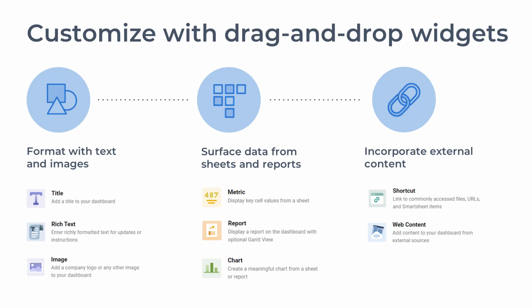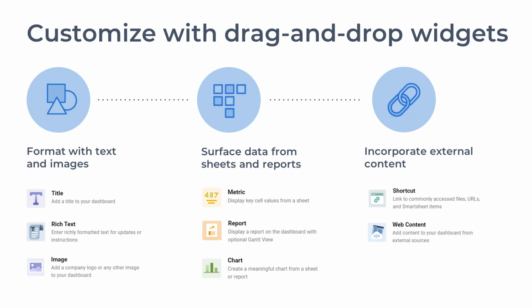You're then going to surface data from your sheets and reports, and that data is real time. So every time you open or refresh a dashboard, it'll reflect what's in those underlying items. And you're going to do that with a metric widget, a report widget, and a chart widget.